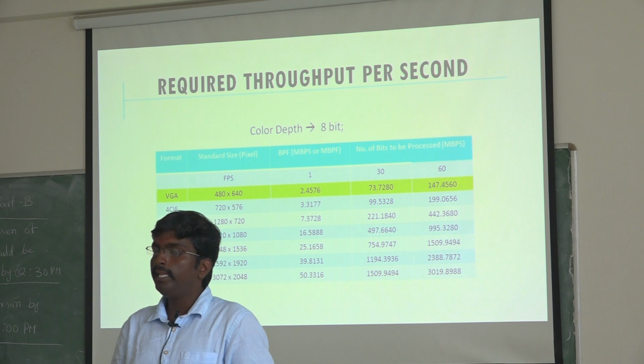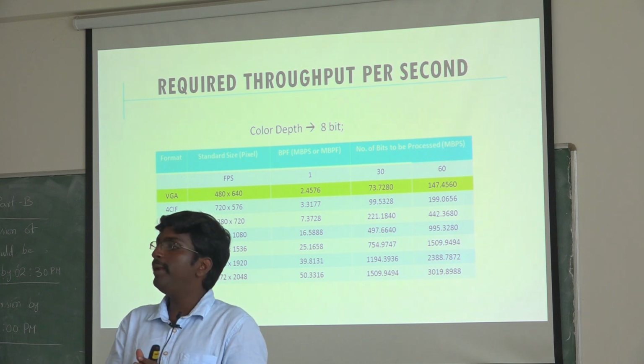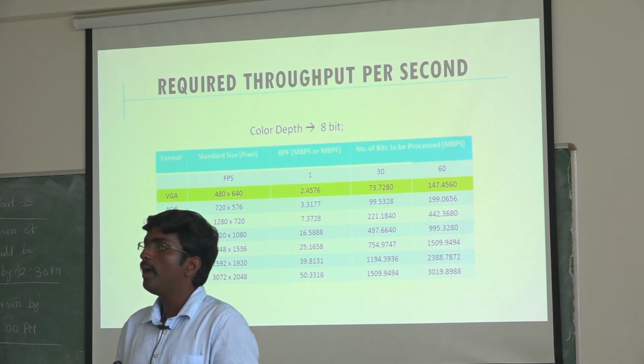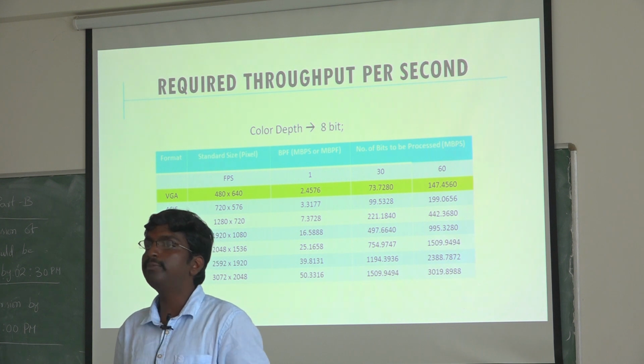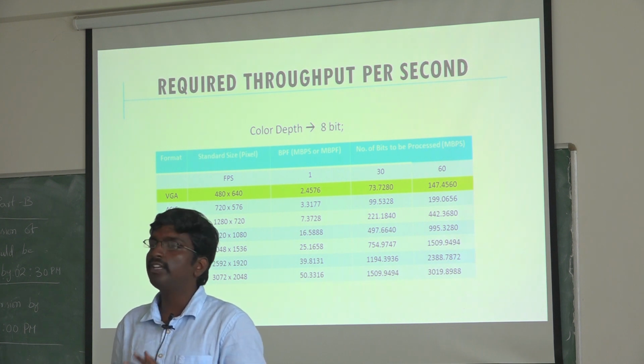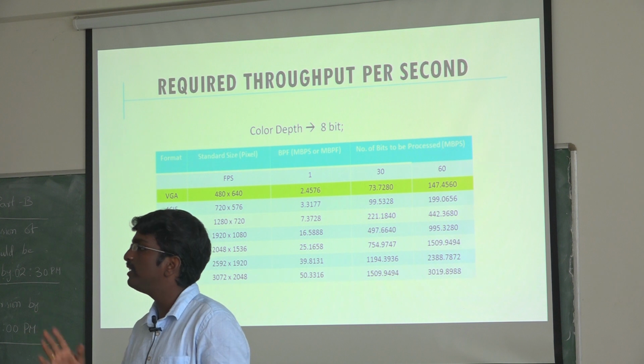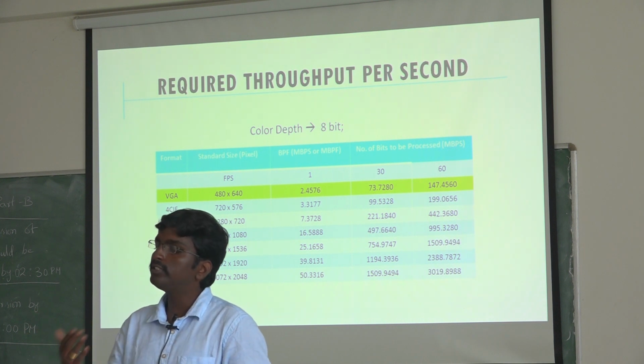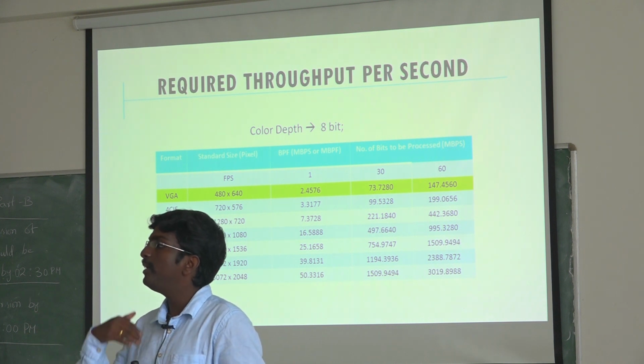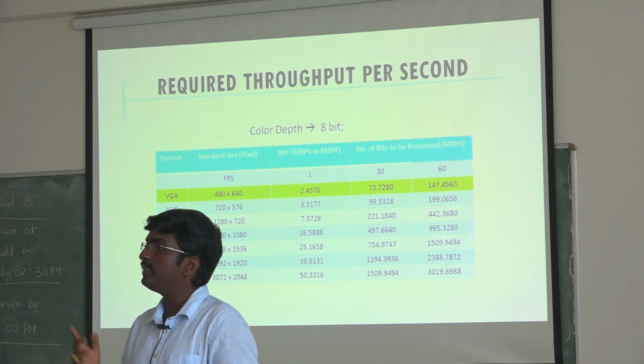Till now we've seen the size of the image and the pixel size, everything. But if I'm capturing one frame per second, it's sufficient to process one frame within a second. But if I generate 60 frames per second, I need to process 60 frames.